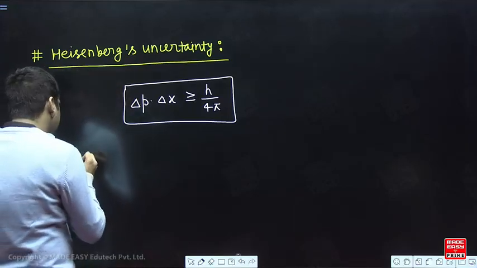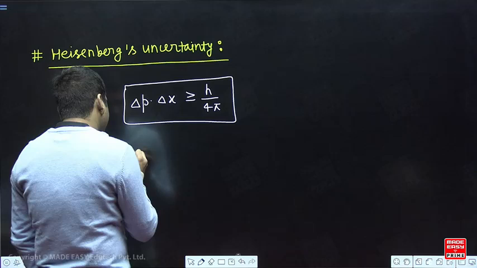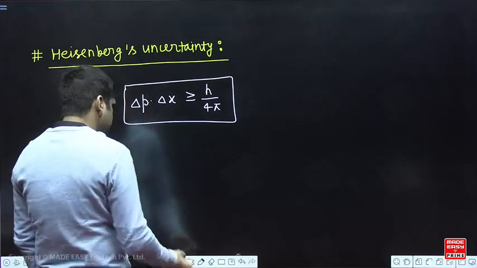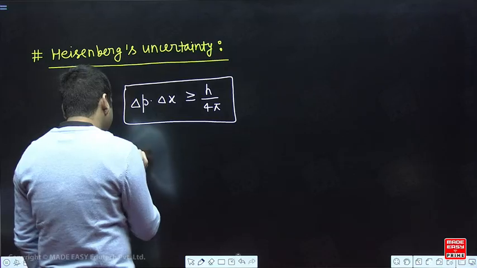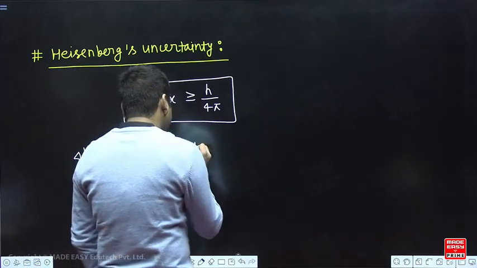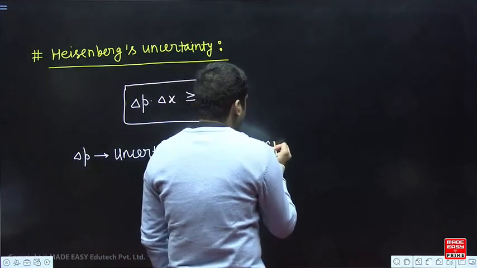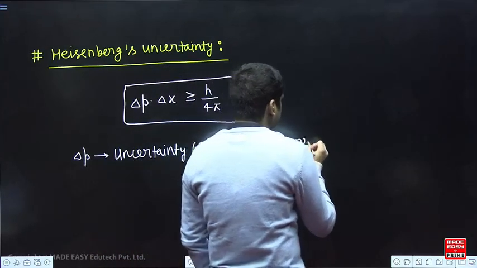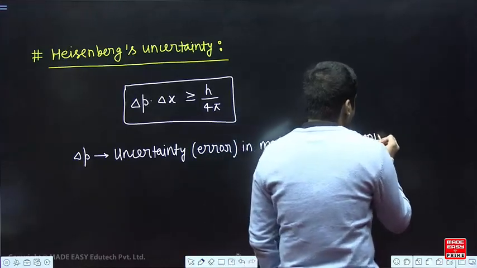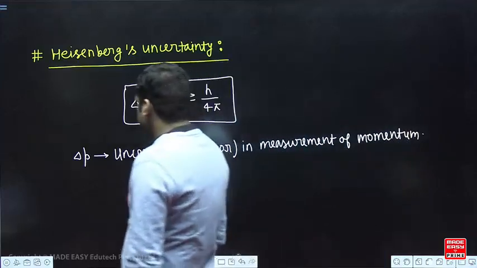Here delta p is the uncertainty or error in measurement of momentum.